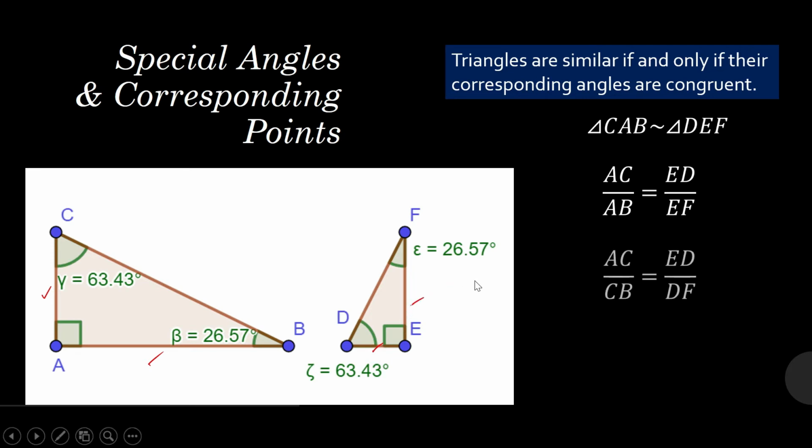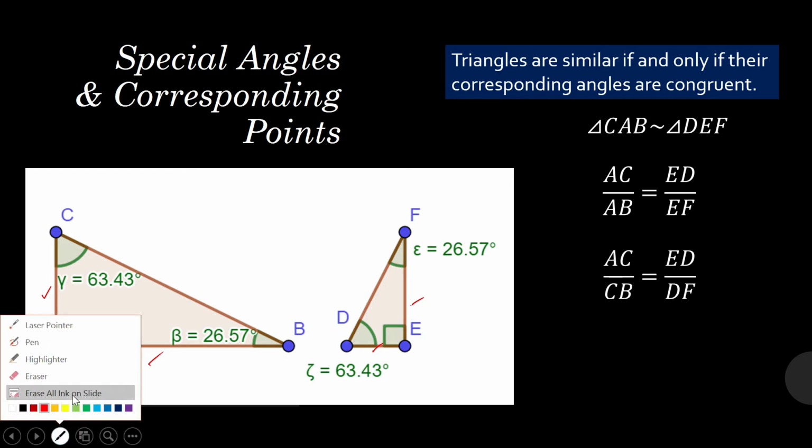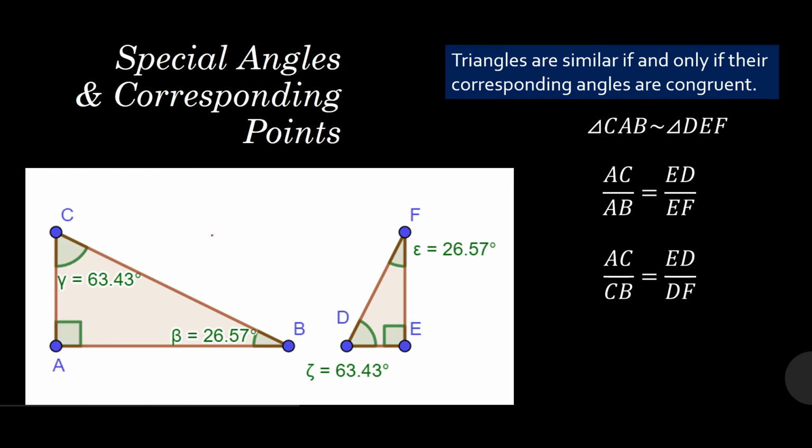And not only that, the ratio of AC to CB is also equal to the ratio of ED to DF. And that is true for other ratios. There are in fact 6 ratios for similar right triangles.